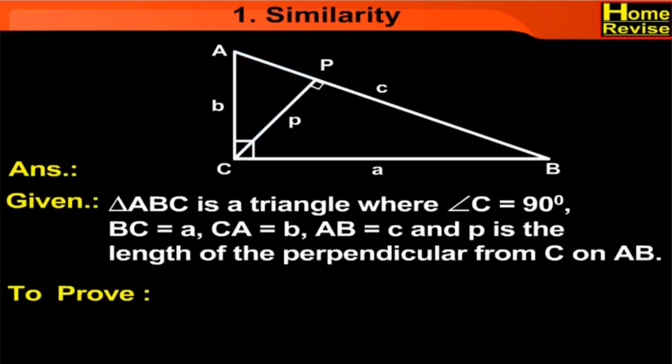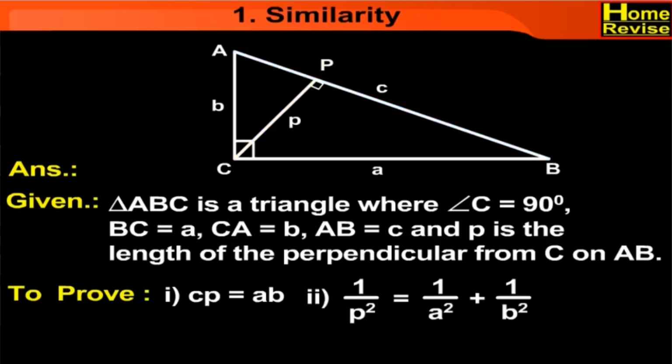To prove: 1. cp is equal to ab, and 2. 1 upon p square is equal to 1 upon a square plus 1 upon b square.